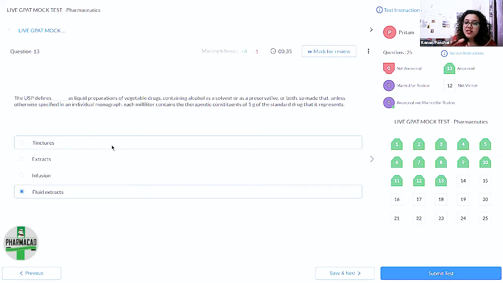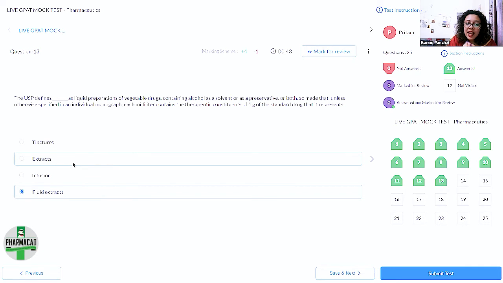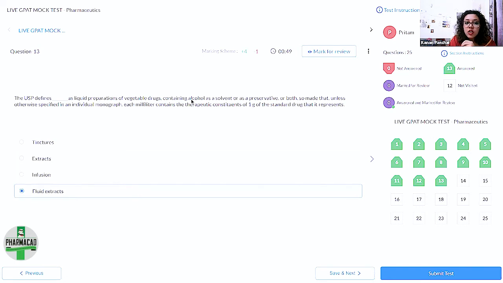Infusion is when you mix two solutions or infuse one extract with another extract. Extract is a generalized term; it can be oil-based or alcohol-based. Because alcohol is mentioned here, it becomes your fluid extract. Got it? Yes, ma'am.